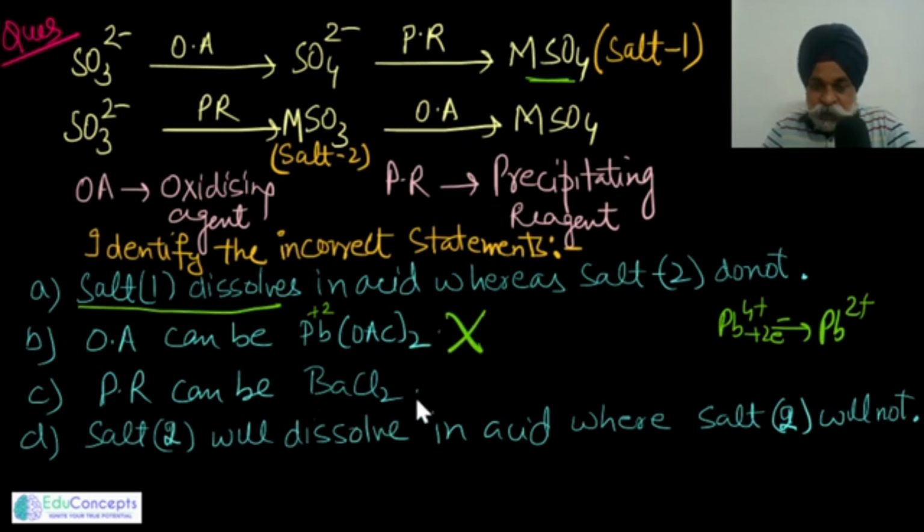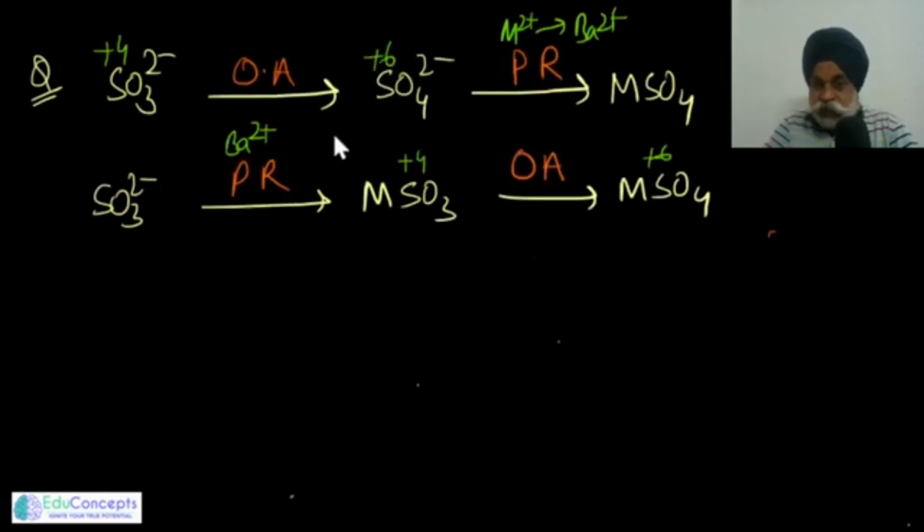So this option seems incorrect. Precipitating reagent can be barium chloride. This is perfectly right. Salt 2 will dissolve in acid, whereas, okay, so primarily we are left with A and D options. So here again the same point. This will dissolve in acid.